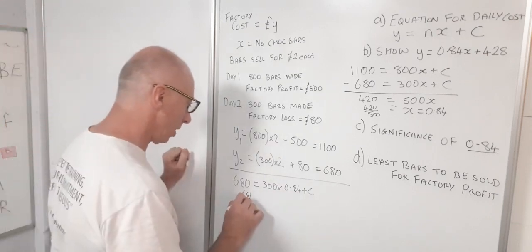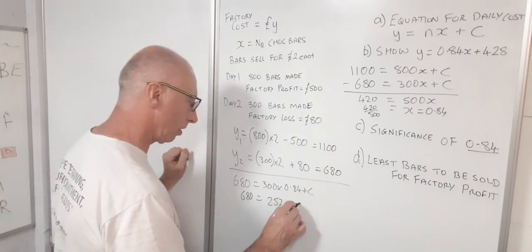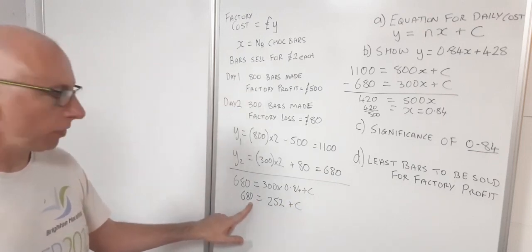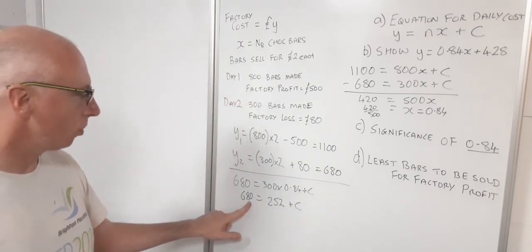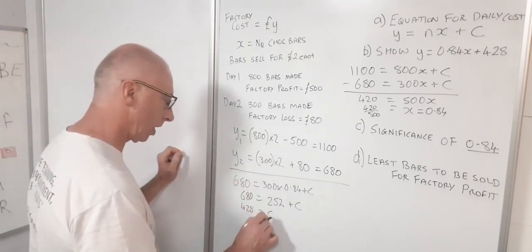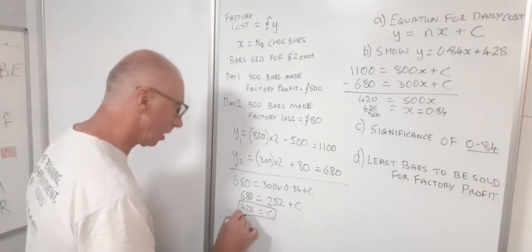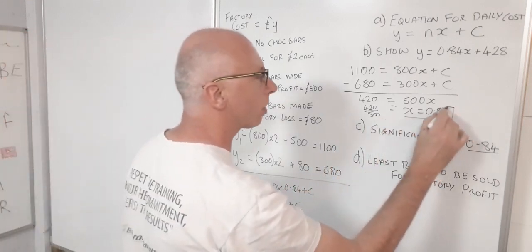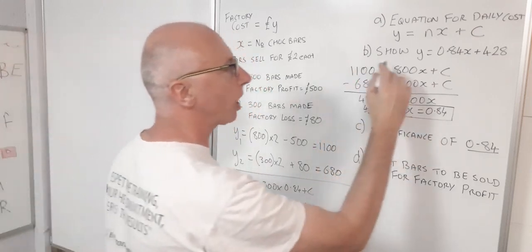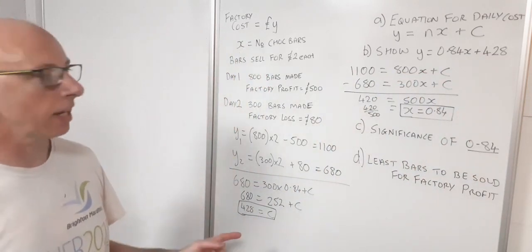So 680 equals 252 plus C. So if I subtract 252 from both sides, I'll get 428 equals C. So I've got C equals 428 and I've got X equals 0.84. So that's part B sorted. I've shown that Y equals 0.84X plus 428. So that takes care of that.